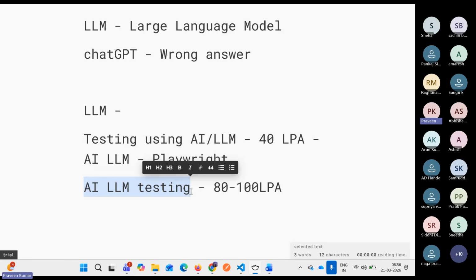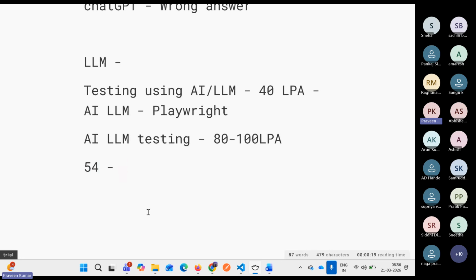One of the persons who got 54 LPA was working on Playwright automation earlier. Then they switched to this RAG based application testing.